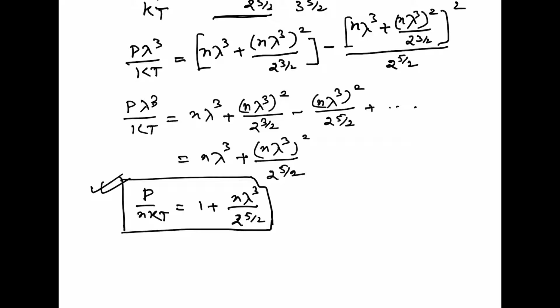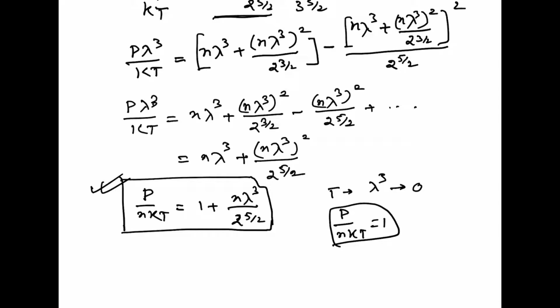We have already mentioned that the corrections to the ideal Boltzmann gas law are not due to the presence of any repulsive molecular interaction, but due to quantum effects. Obviously, when T becomes sufficiently high so that lambda cube tends to 0, this will reduce to the classical ideal gas, P by nkT equal to 1.